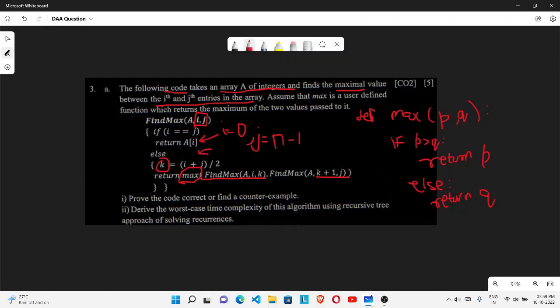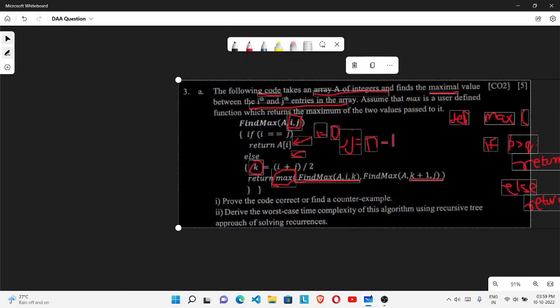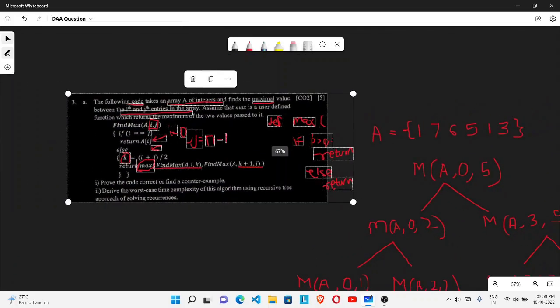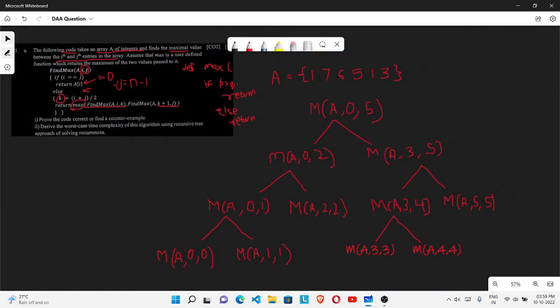So let's try doing an example. Let's say I have an array of 6 elements: 1, 7, 6, 5, 1, 3. These are random elements I've taken, and my starting index is 0, ending index will be 5: 0, 1, 2, 3, 4, 5.